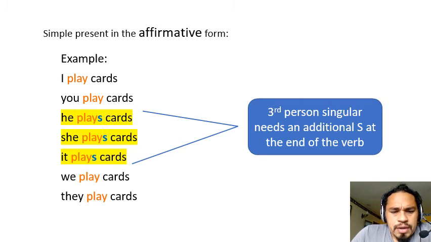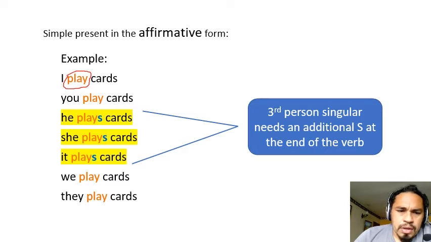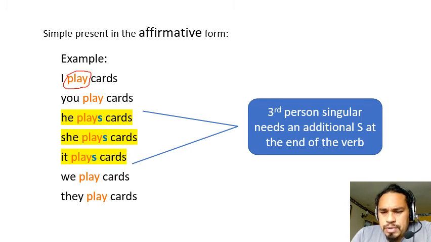Okay. So the simple present in the affirmative form, it's very particular. You will find that the verb is just the way it's in the dictionary. La manera en que encontramos un verbo en el diccionario es la forma simple del presente o la forma del presente simple. Okay, so it's very easy.